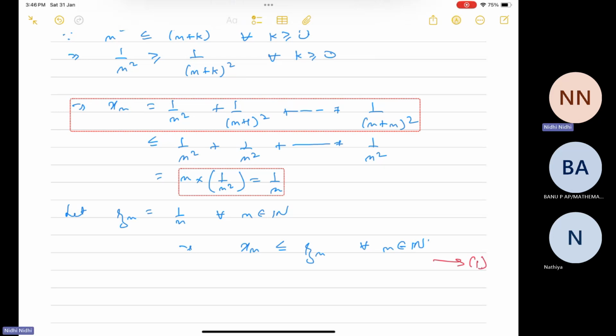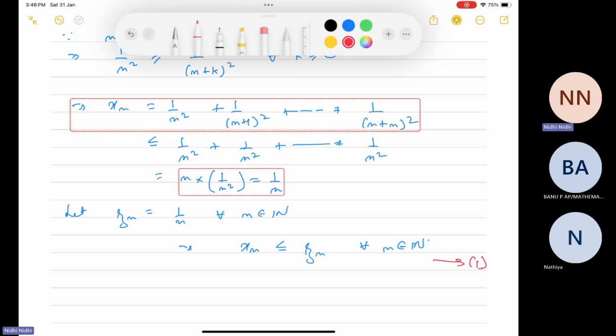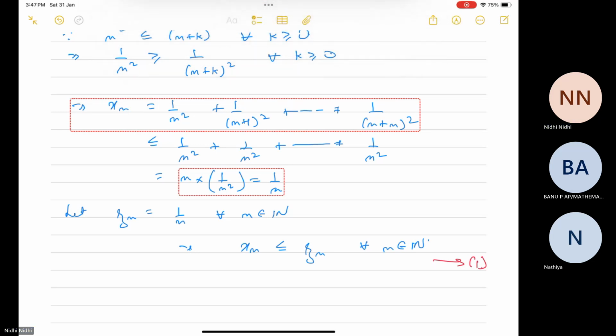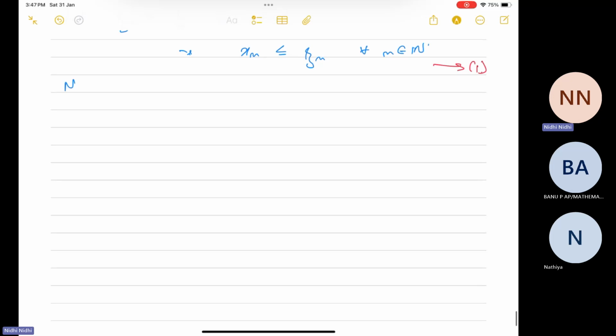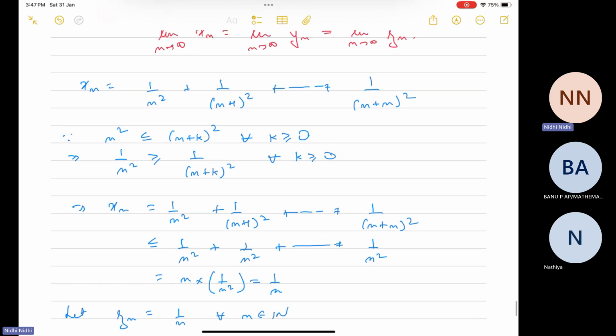Next we will look for a sequence which is less than or equal to xn. For that, since n plus k is less than or equal to n plus n for all k, we are taking k from 0 to n.